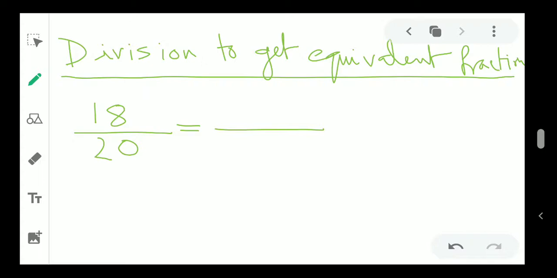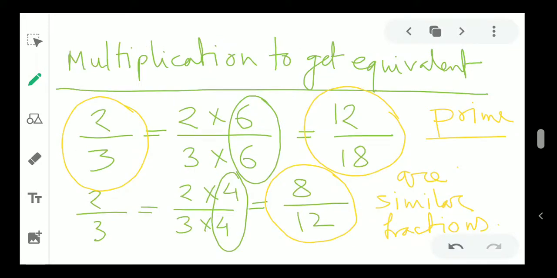So what you will do basically, you can do it in two ways, but the best way is splitting the terms. 18, you can write as 9 into 2, and 20, you can write as 10 into 2. Now in this case we came from 2 by 3, then we multiplied the same thing up and down, and then we got this 12 by 18.